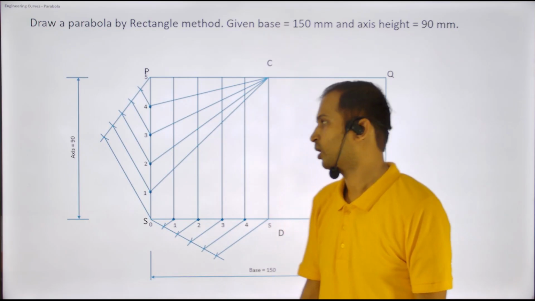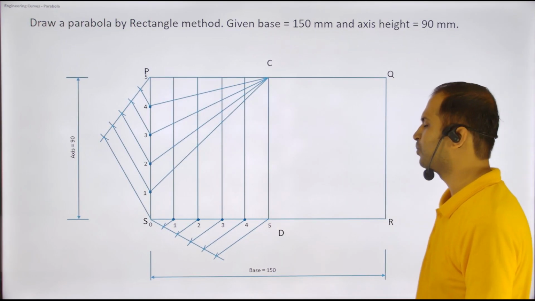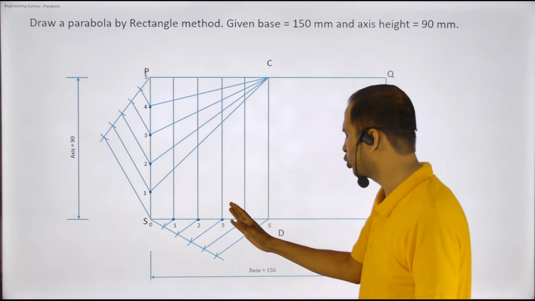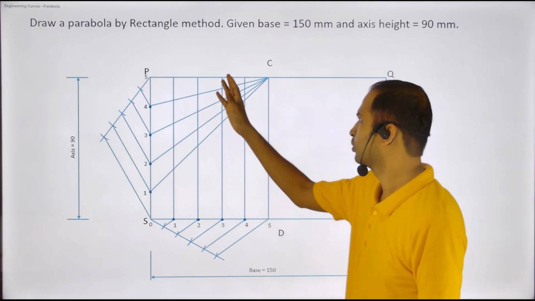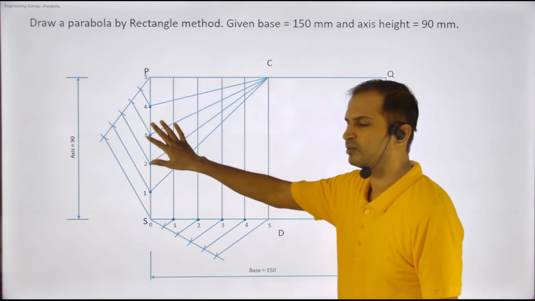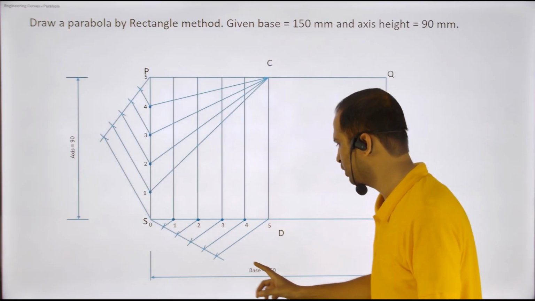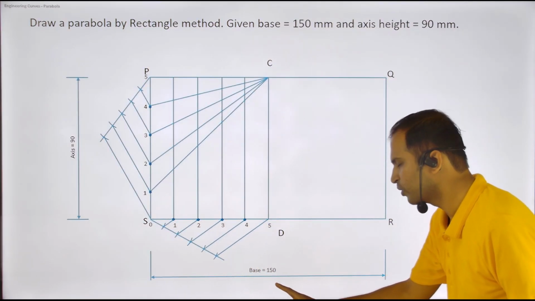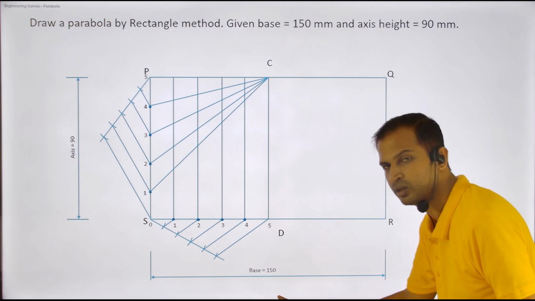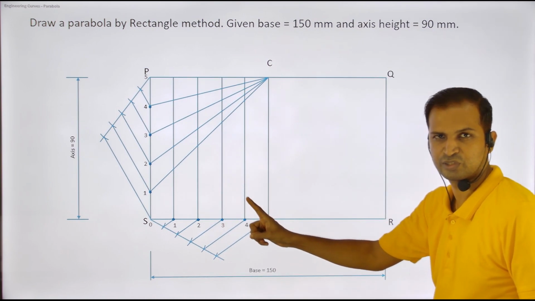Somewhat the same. But in the ellipse, we do not extend these lines in the area where we do this kind of construction. We extend the lines from one point over here, and then we take the projections.